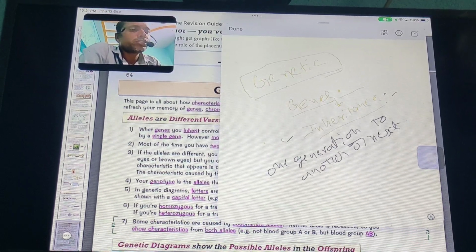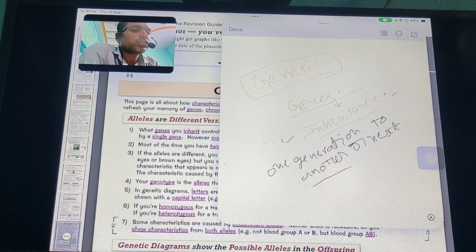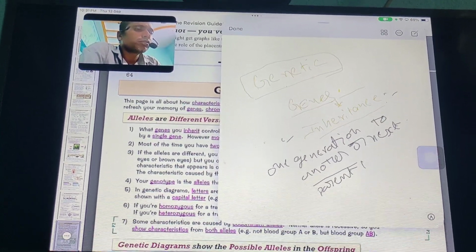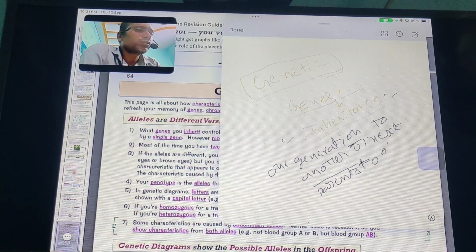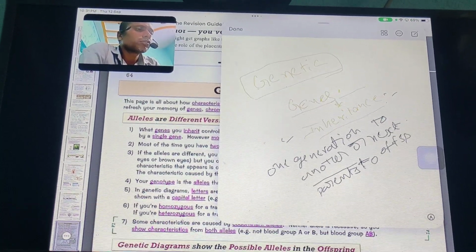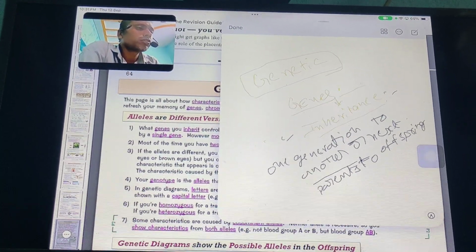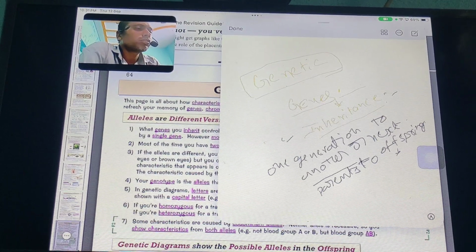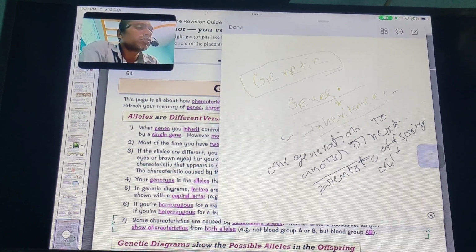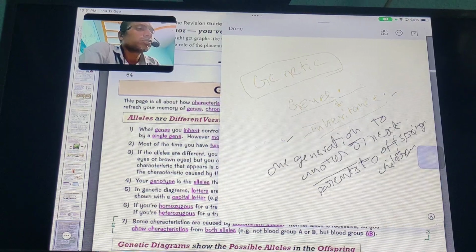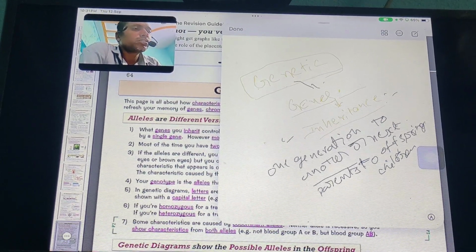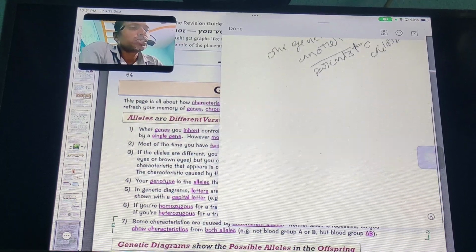This is inheritance: the sum of the characters passed from parents to offspring. Offspring means any daughter, son, or children. So genetics deals with genomes and inheritance.